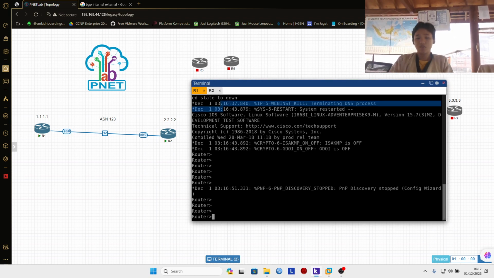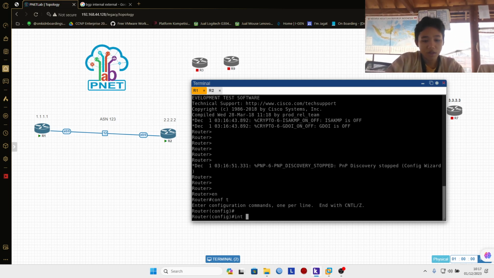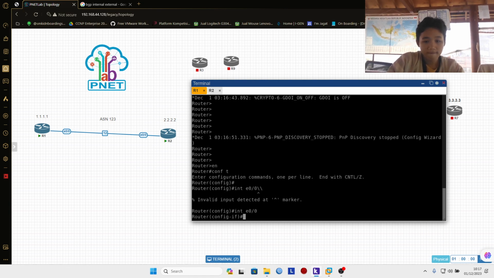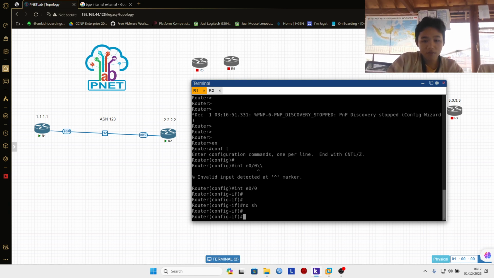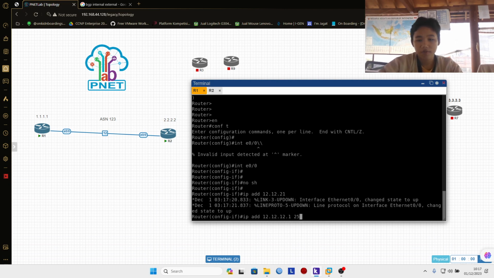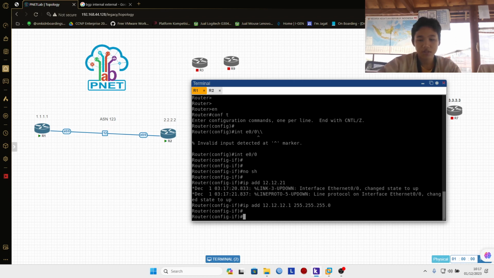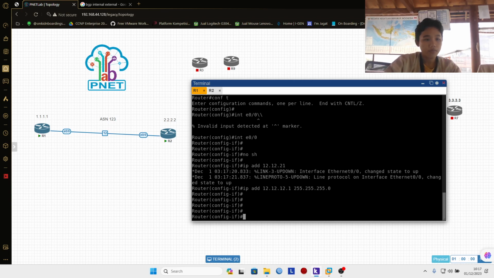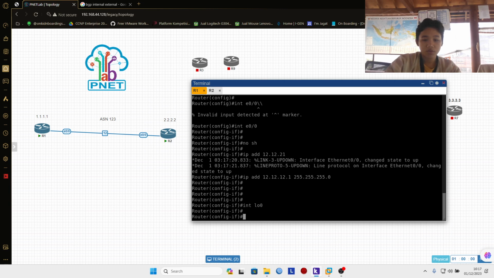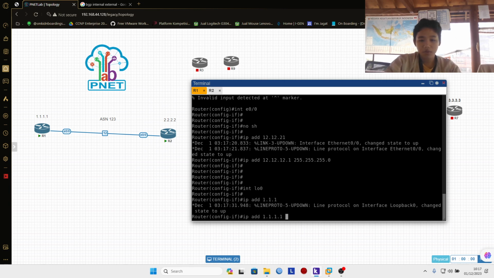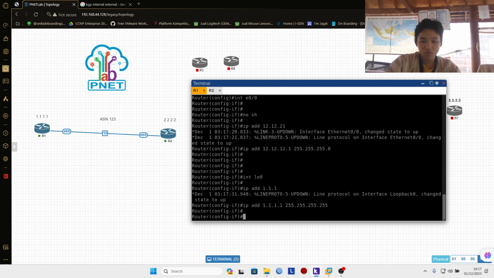First thing first, we should put the IP. Enable, configure terminal, interface e0/0, no shutdown. IP address 12.12.12.1 because this is the first router, mask 24. Then interface loopback 0, IP address 1.1.1.1 mask 32.